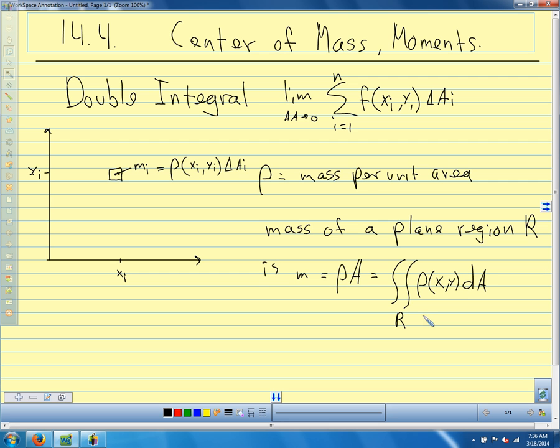All right, so let's look at setting up one of these integrals.